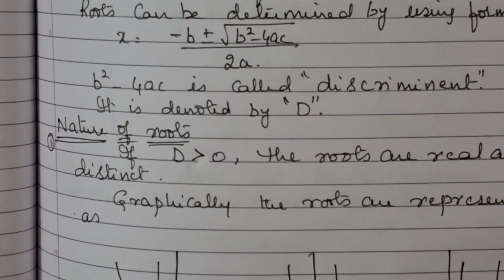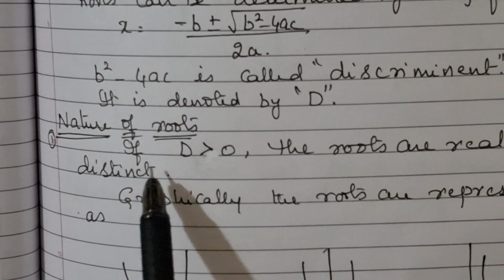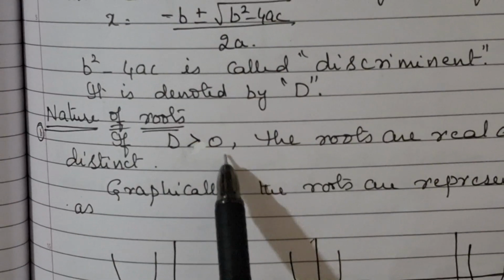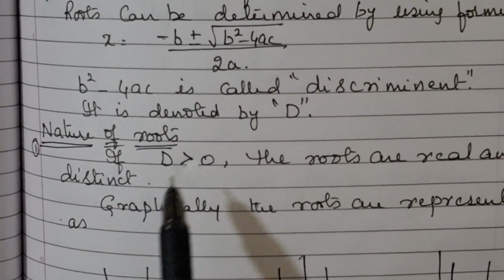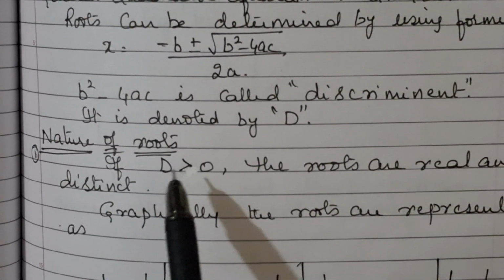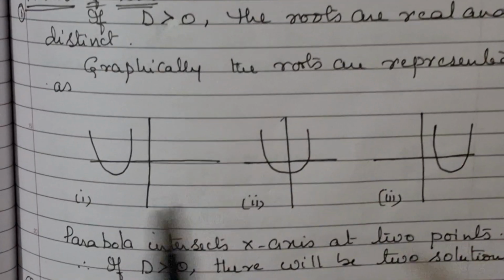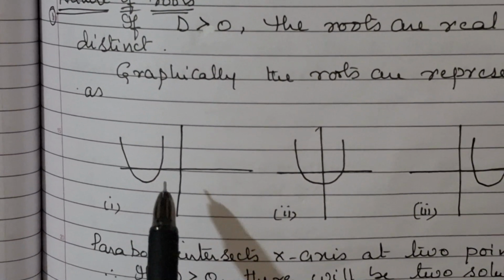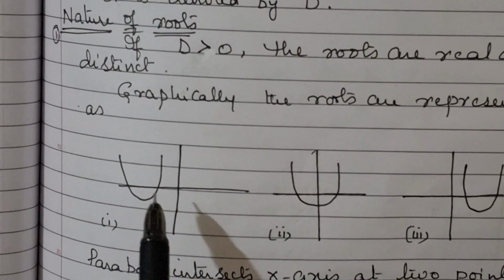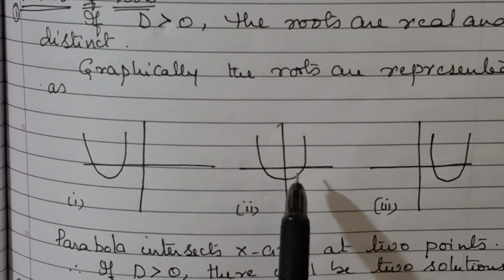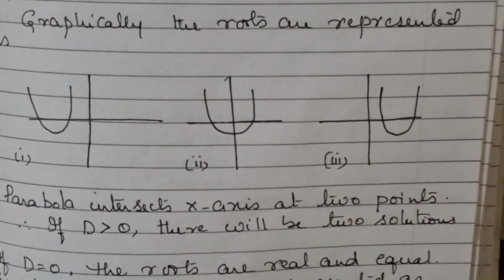Basing on the value of D, the nature of roots is determined. How? If D value is greater than 0, the roots are called real and distinct. Graphically they are represented as parabolas with negative values, two values; here a parabola with one positive, one negative value; here also a parabola with two positive values.